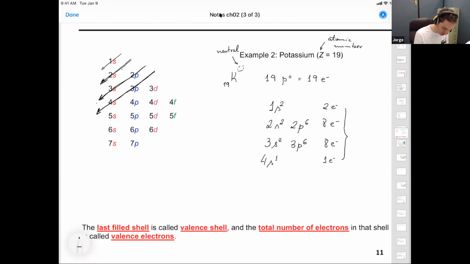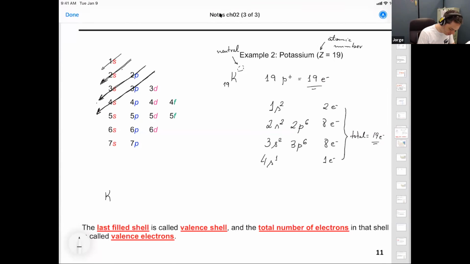If you count the total number of electrons, you are going to get 19, and that has to be equal to what you predicted in the beginning. Okay, so I need you to pay attention to the order that you are filling up the shells and subshells.